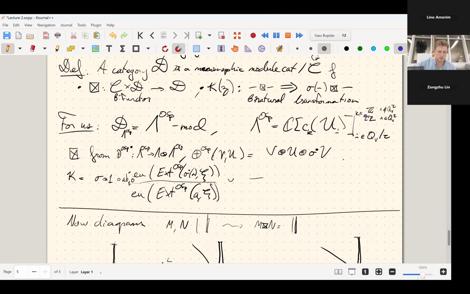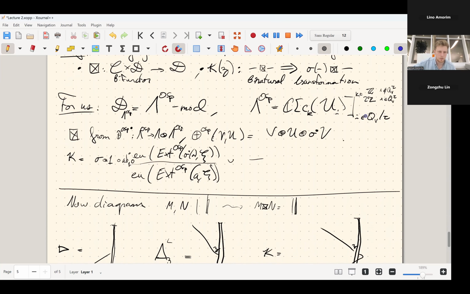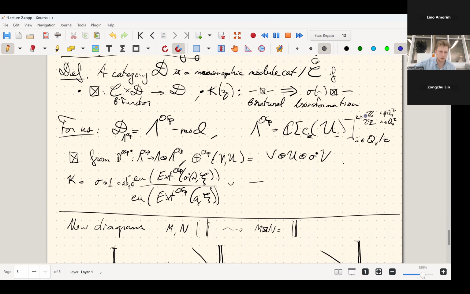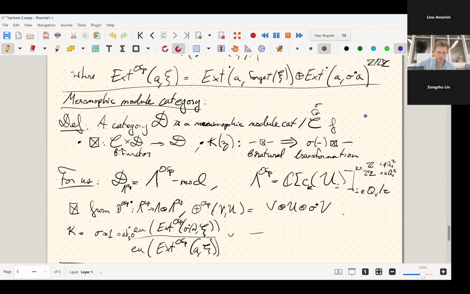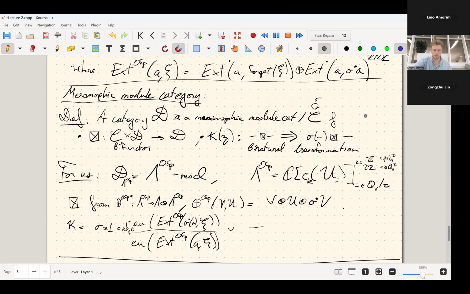And then for us, what is this category? Well, it's going to be this version of the tautological ring, where we take the Chern classes of the tautological bundle on the fixed point stack.